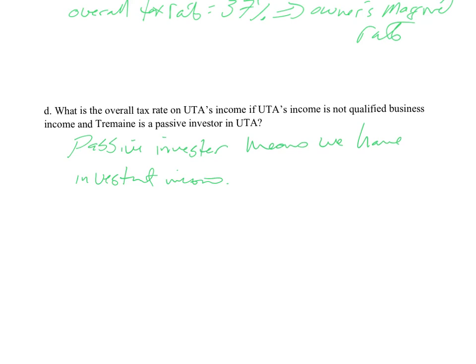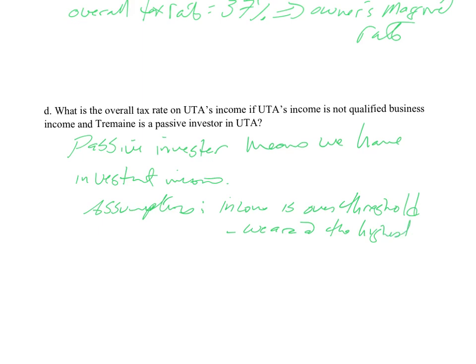So we have net investment income, but we're also going to make a couple of assumptions here. Assumptions. Okay, one, income is over the threshold. And it's a reasonable assumption to make because we are at the highest marginal tax rate. So that's a reasonable assumption to make, okay?